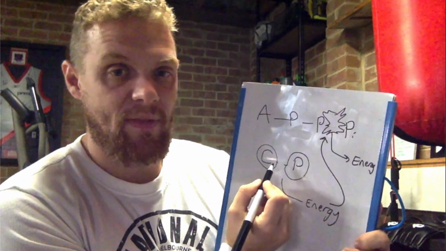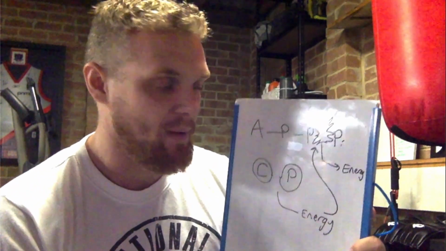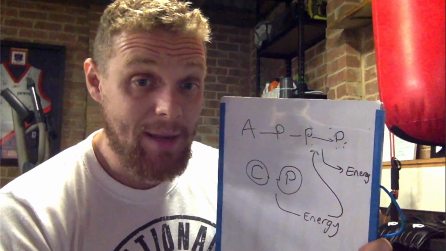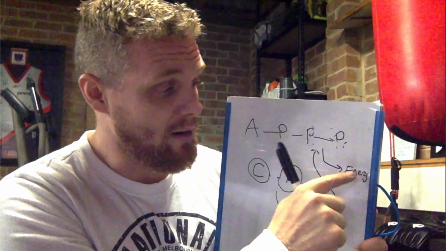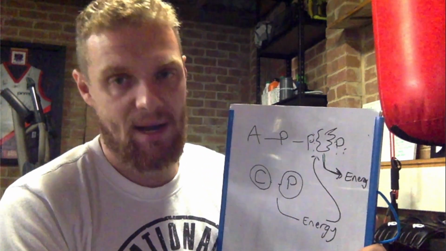So that line there that was holding creatine phosphate together, that energy is transported up and puts ADP and P back together. Once the ADP and P is back together, we can go through this same process of releasing that bond to move our muscles with that energy again.